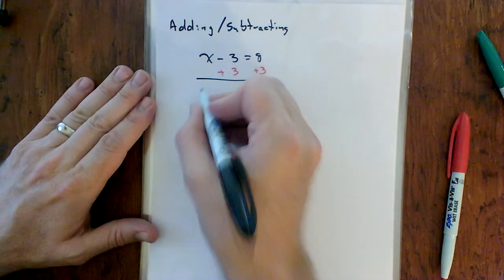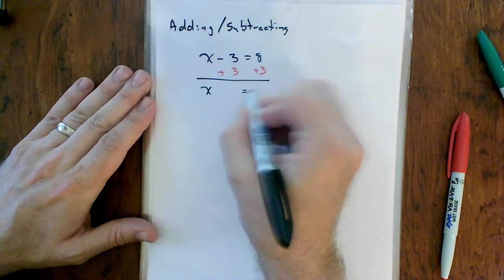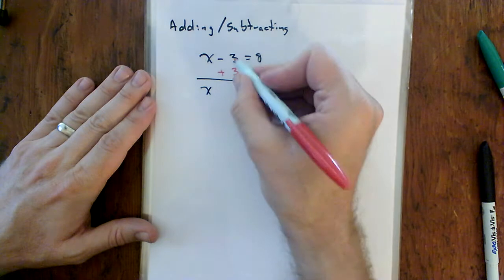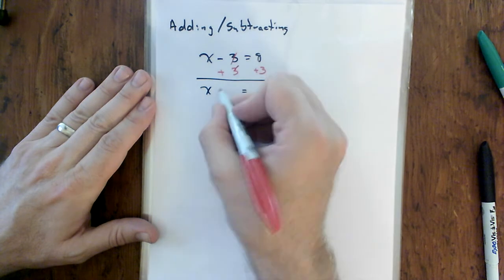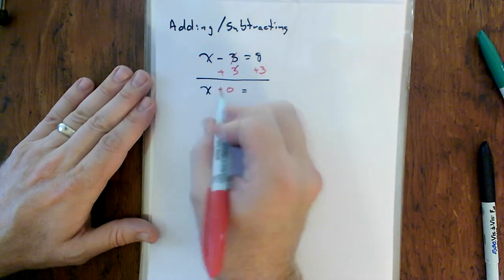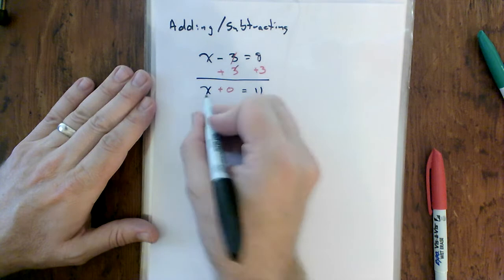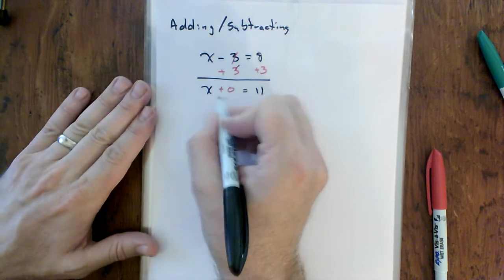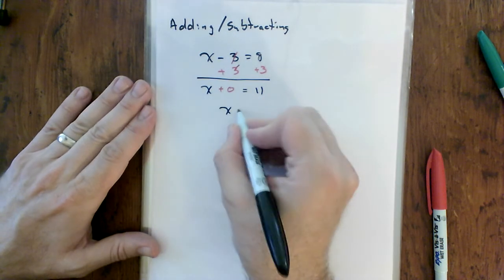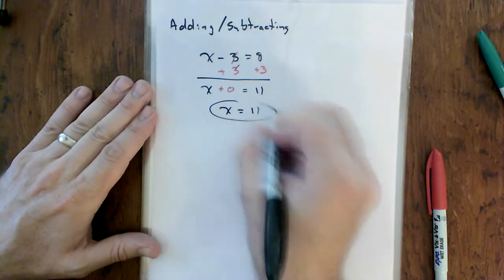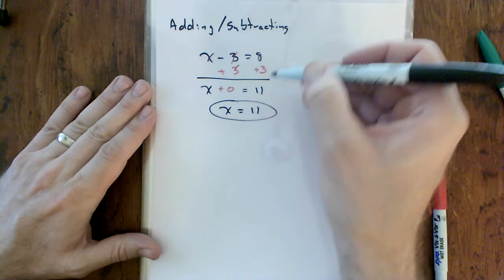But what we don't tend to write is x plus 0, because -3 plus 3 is equal to 0. But equal to 11? Sure. And 0 plus anything is just itself, so x is equal to 11. We have solved this equation by simply adding.